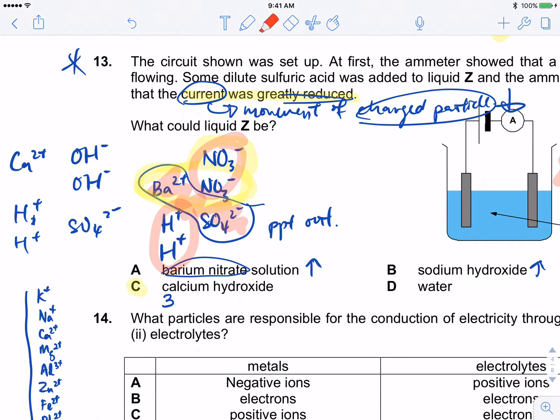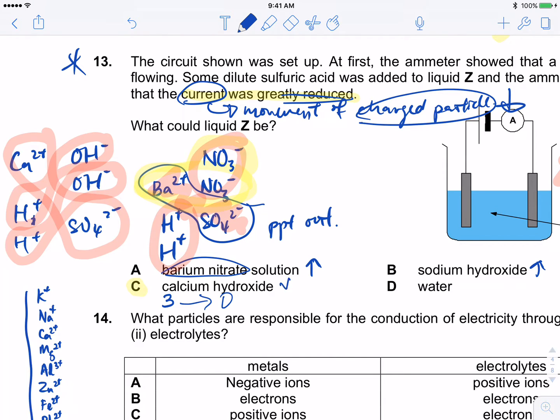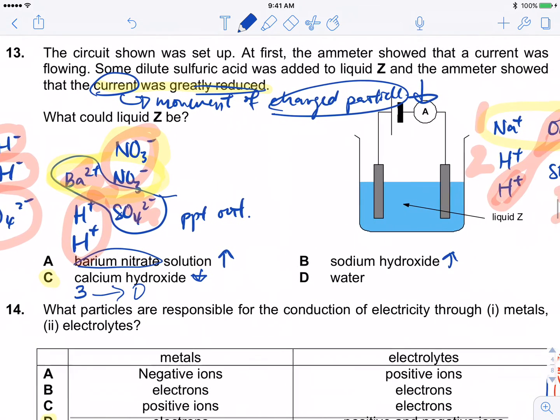Now you notice that they will all combine. This will neutralize, and CaSO4 is an insoluble solid. So you will either become water or it will become a precipitate. So that's why in the end there are actually no ions left. From 3 to 0 ions, that's why conductivity decreases.